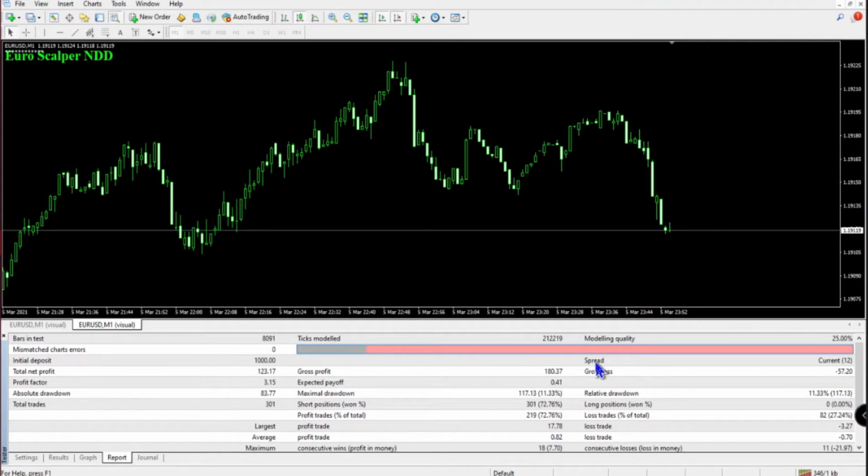So if you do a bit of background work before you put the expert advisor on, you'll make a little less profit, but keep your drawdown a lot lower than your total net profit, which makes the robot safer.